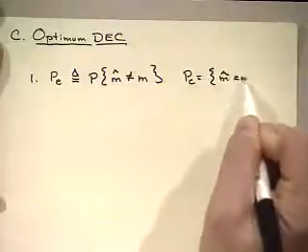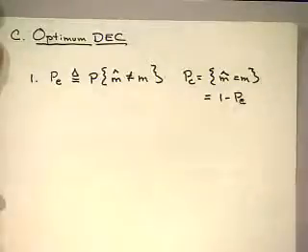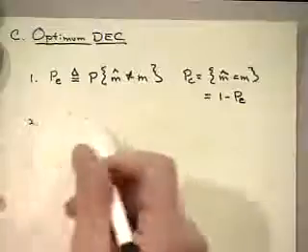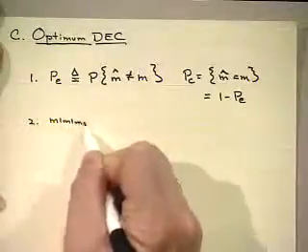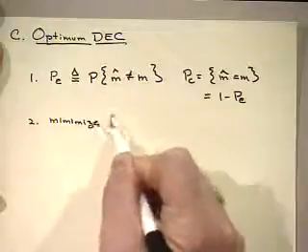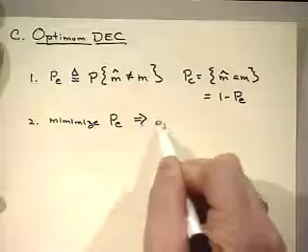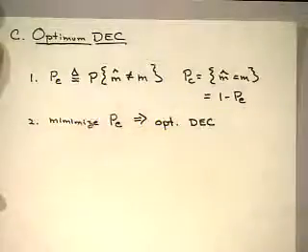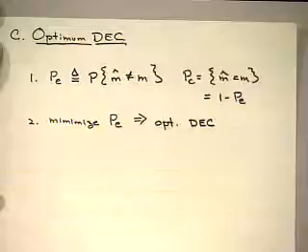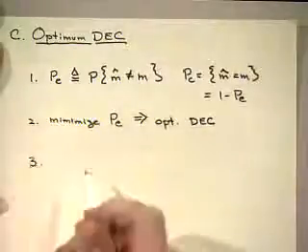The probability of being correct, of course, is the probability that m hat is equal to m, and that has to equal 1 minus the probability of error. So, again, minimizing probability of error will produce what we call an optimum decision, or optimum detector, or optimum receiver, if you like.